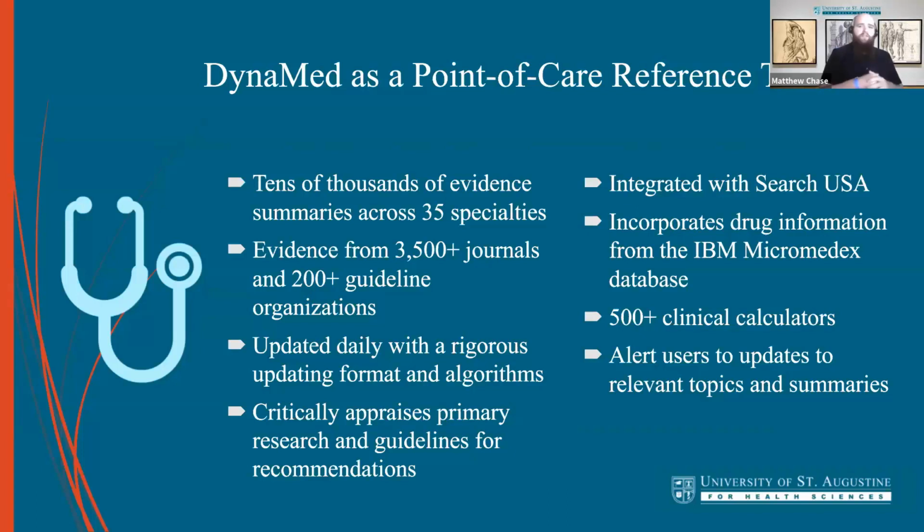Weak recommendations, and DynaMed will identify them as being weak, are used if, based on the available evidence, clinicians believe that the desirable and undesirable consequences are finely balanced or appreciable uncertainty exists about the magnitude of expected consequences. So essentially, it's when the quality of the evidence and the strength of the recommendation is not as finely tuned in terms of minimizing bias in the research.